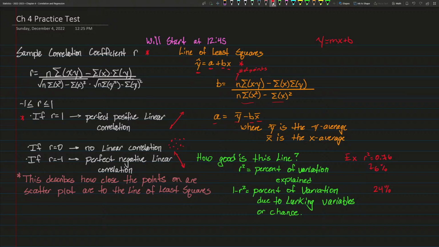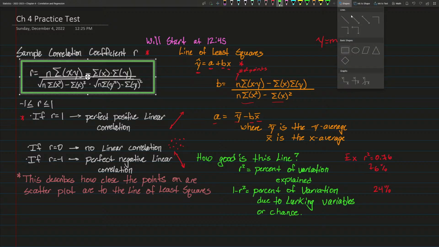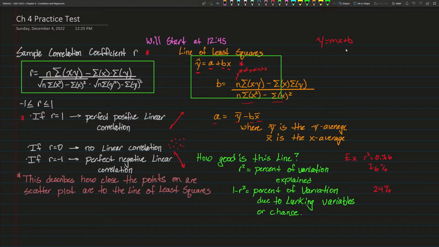So in order to go through this, I'm going to go step by step about what I'm expecting. All right, so this is all the stuff we need to know if you're looking for things to, quote unquote, memorize. We need to know how to find R, and we need to know how to find y hat, which is pretty much all this stuff. Everything else should kind of come with it.